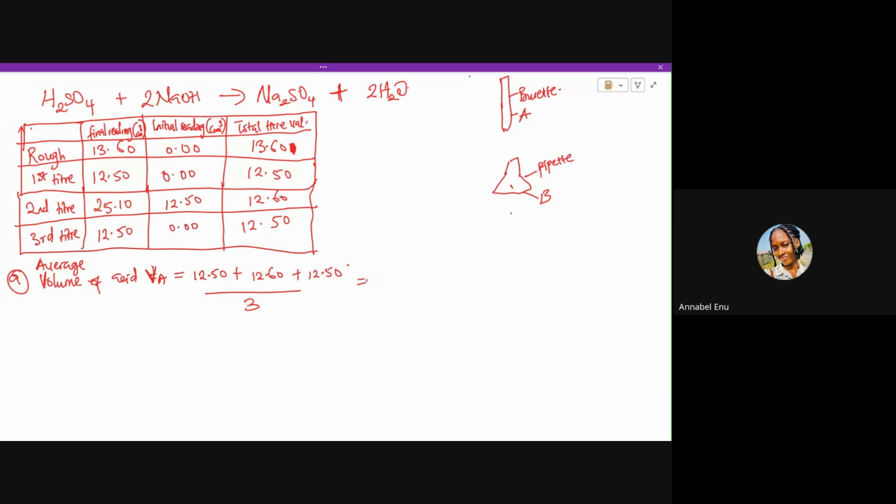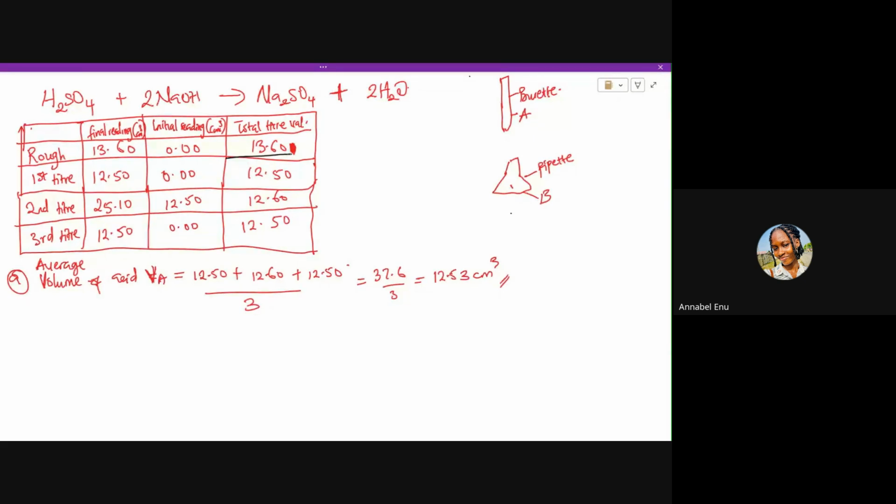Let me add. So we'll have 37.6 divided by 3, which will give us equals to 12.53 centimeters cube.